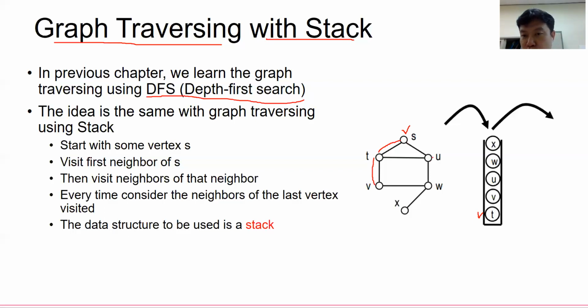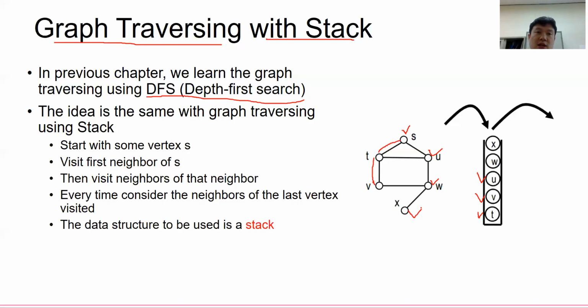If you go to U, it means you go not to the next neighbor but to the neighbor of S. So that's why we choose V. And then after V, we choose another neighbor, which is U. Then we choose another neighbor, which is W, and then another neighbor, which is X.